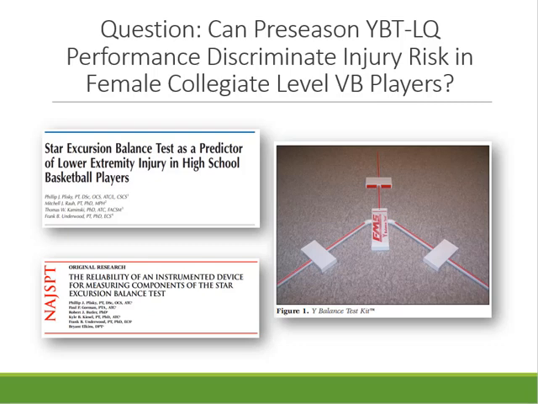His first study looked at the star excursion balance test, and he found that a pattern in a Y shape was associated with a greater risk of injury. So if people had poor dynamic balance as measured by the star excursion balance test, he came up with the Y balance test in response to those findings.